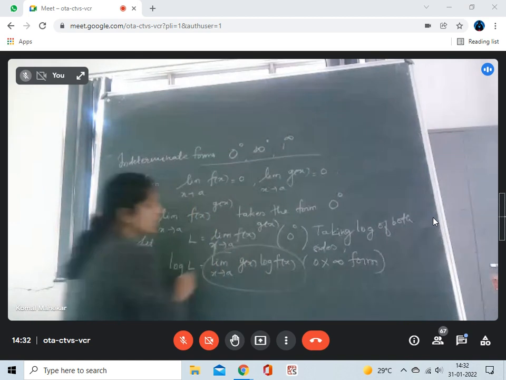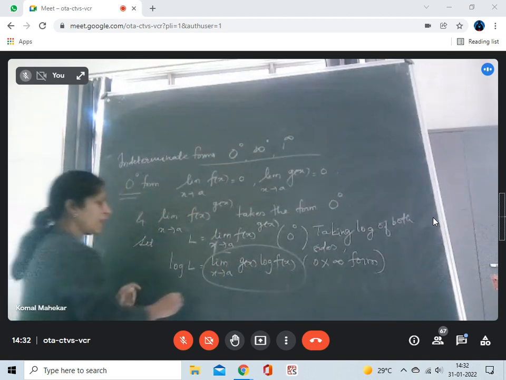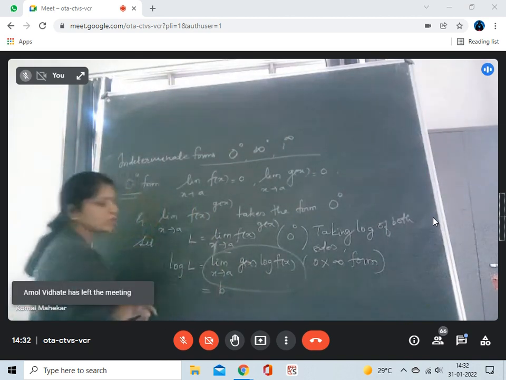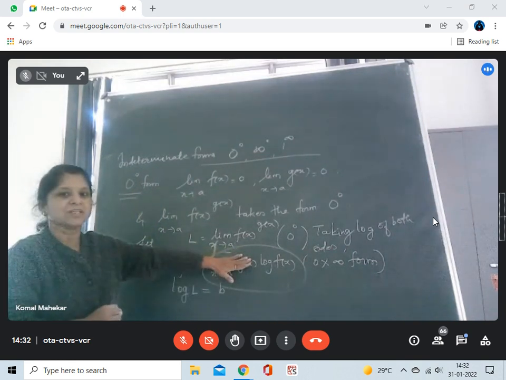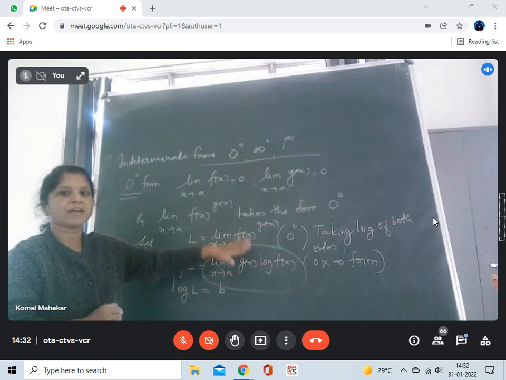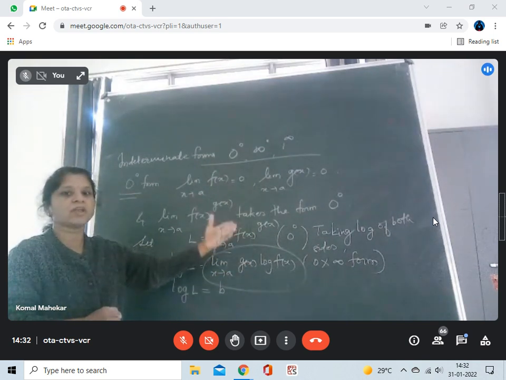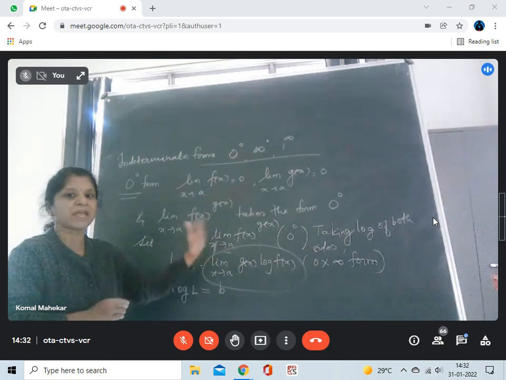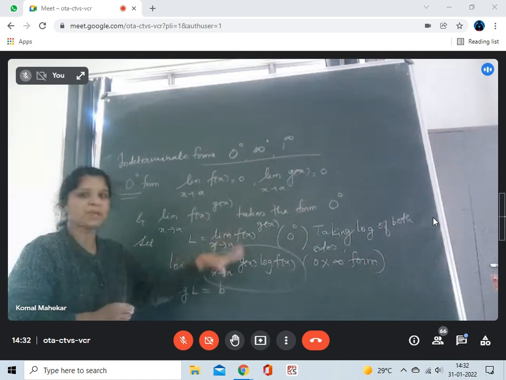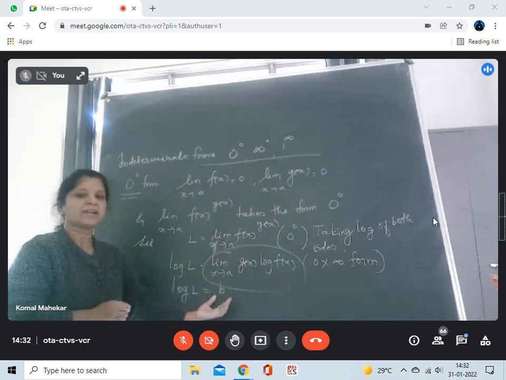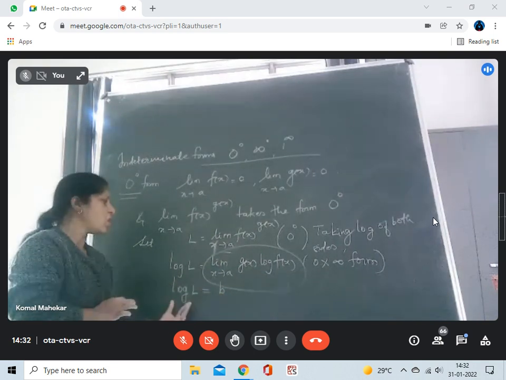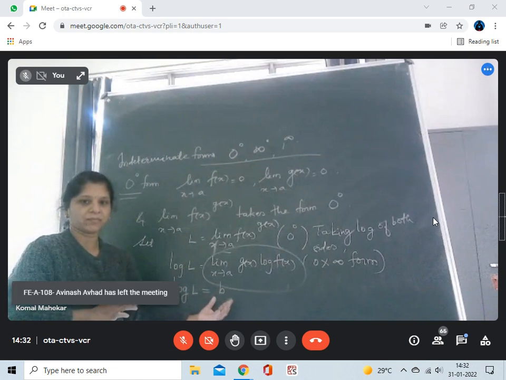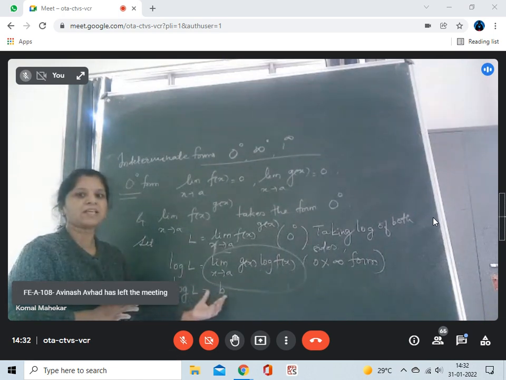If you simplify this, suppose the limit is equal to b. So we get log of L is equal to b, the limit of this 0 into infinity form after converting it into 0 by 0 or infinity by infinity and applying L'Hospital rule. If the right hand side limit is some constant b, then log of L is equal to b.